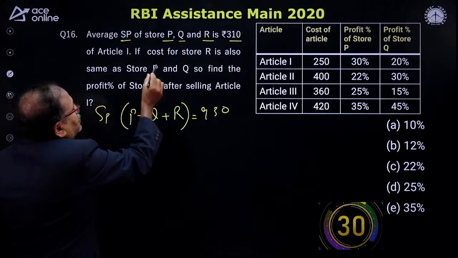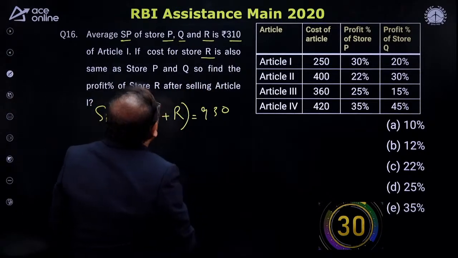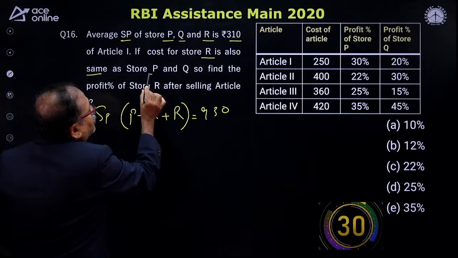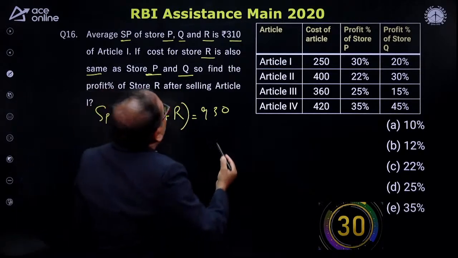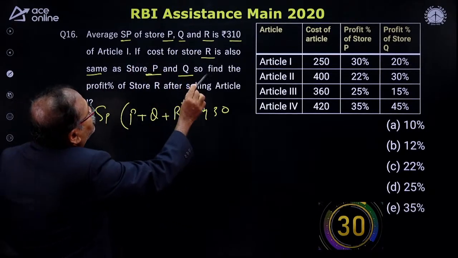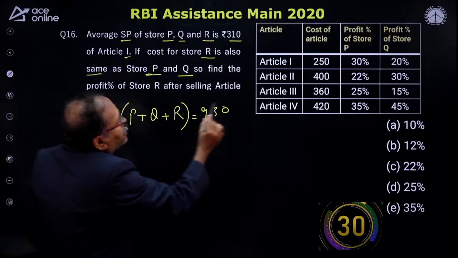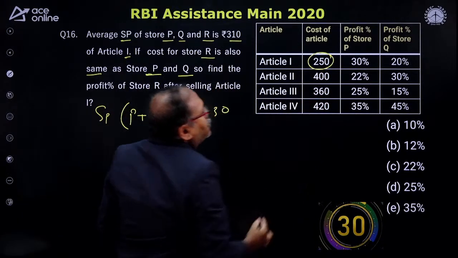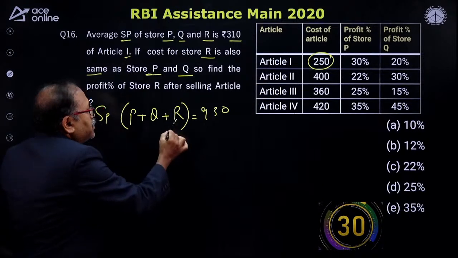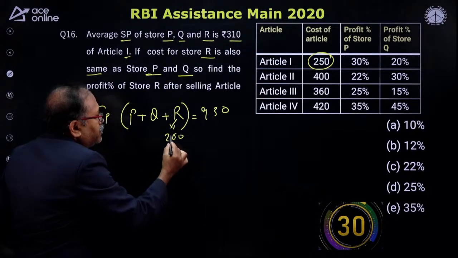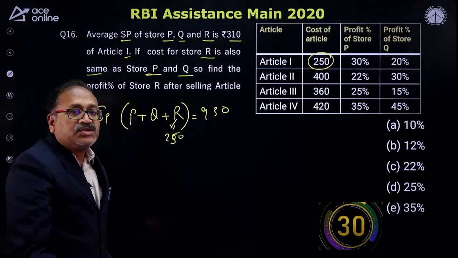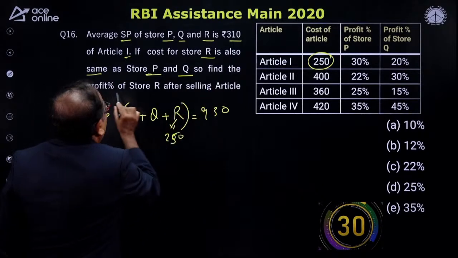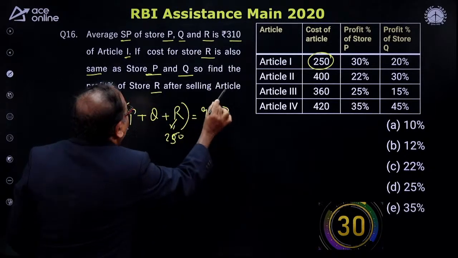The next one says, if the cost price of store R is also the same as P and Q. Which article are they talking about? Article 1. So article 1 is 250. So our cost price is also 250. That means the cost price of all 3 shops is the same. Then find the profit percentage of R after selling the article.